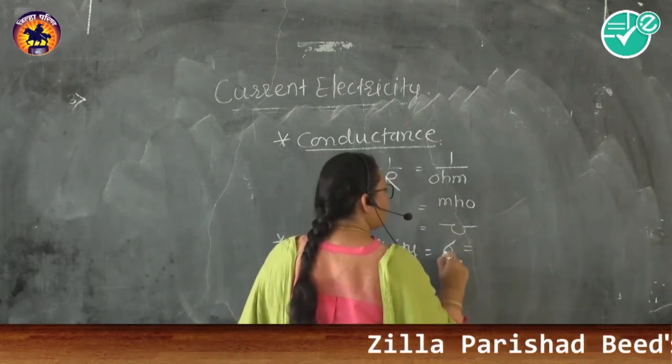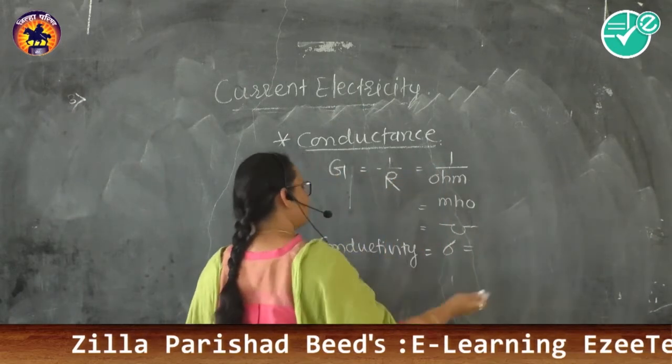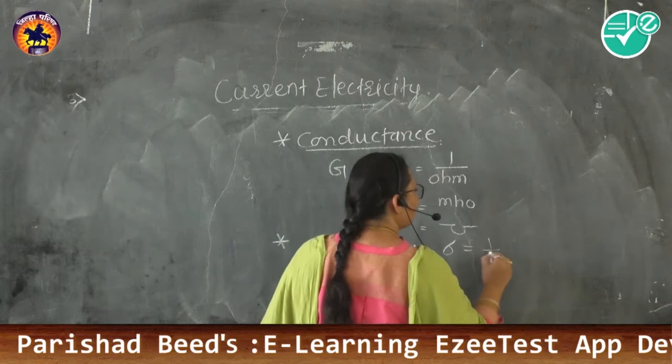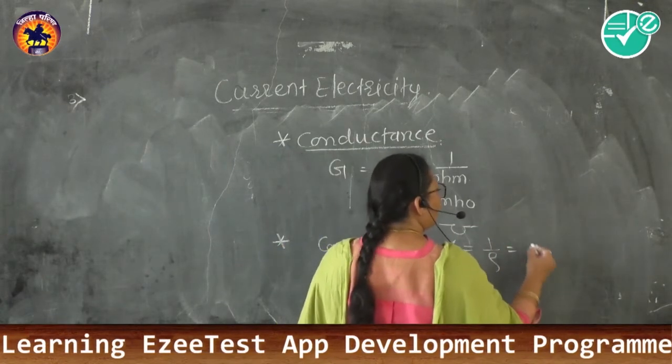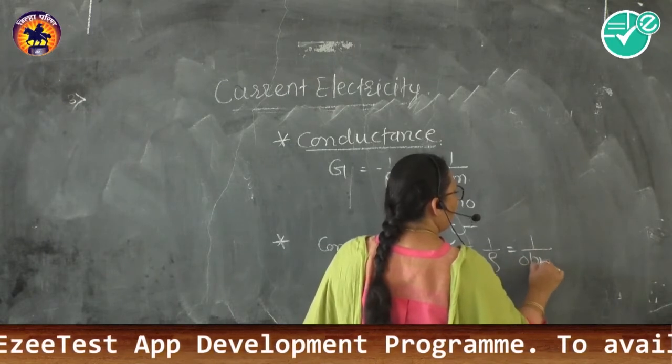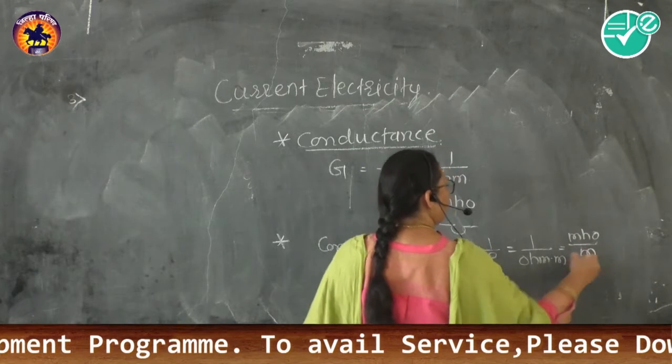And remember, this sigma, as conductance is the reciprocal of resistance, conductivity is the reciprocal of resistivity. That means it has unit 1 by ohm meter, that is mho per meter.